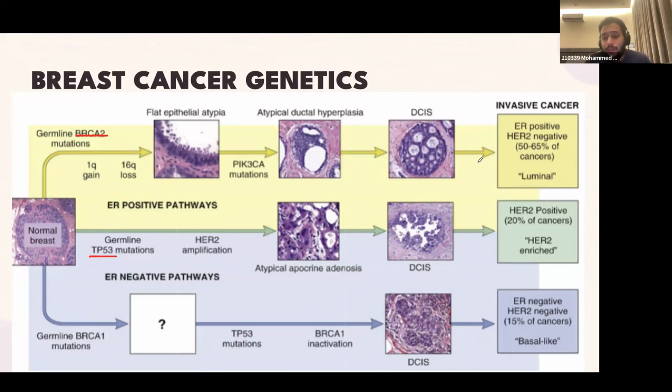Triple negative is a bit different and it's harder to treat, way harder, and a whole hassle on its own. That's it to remember about the genetics. BRCA2, ER positive, treated with SERMs. TP53, HER2 positive, trastuzumab. BRCA1, all negative, complicated management.